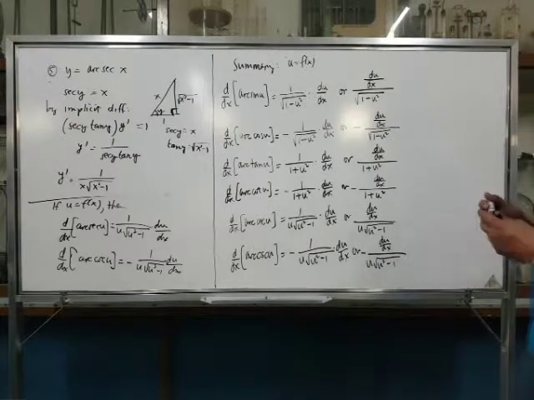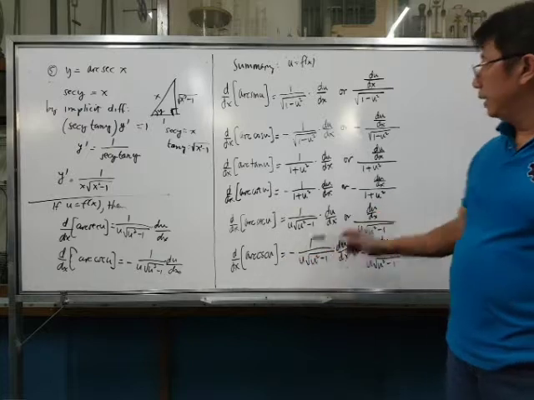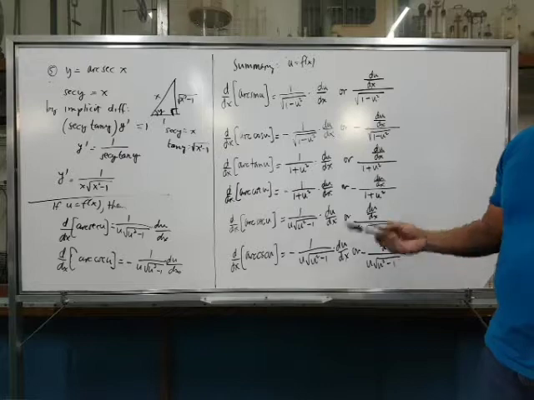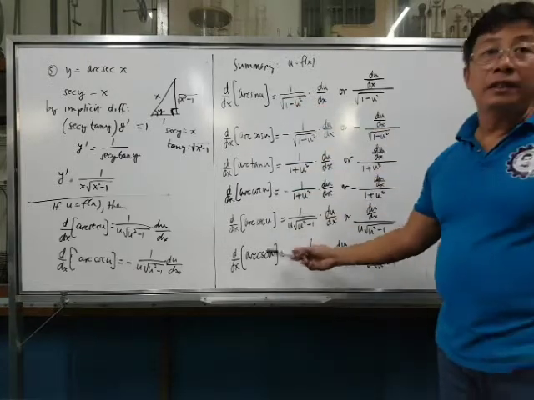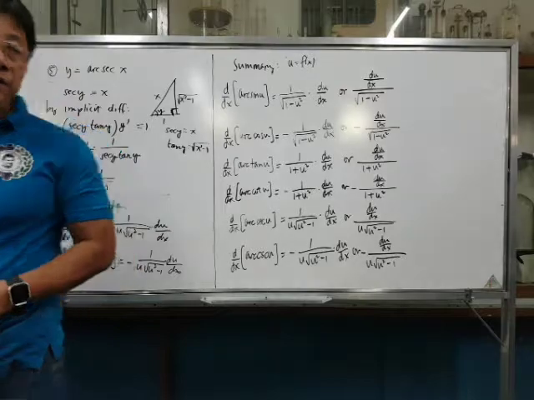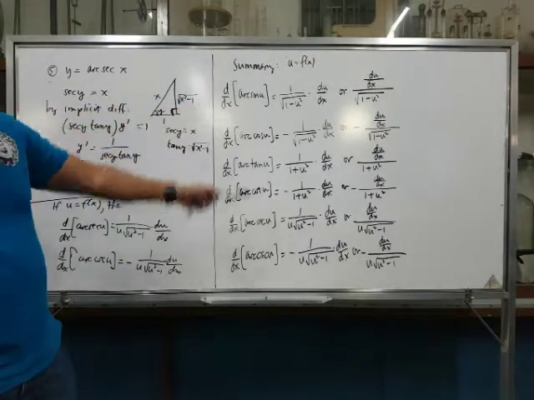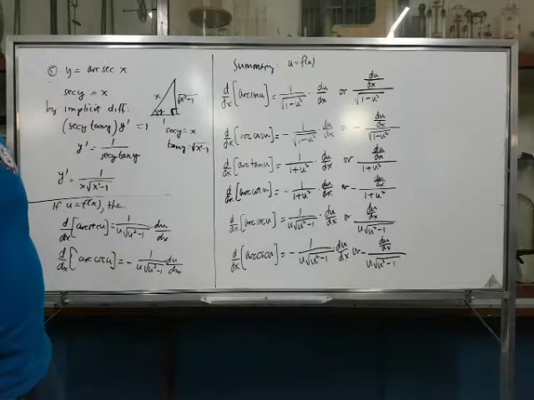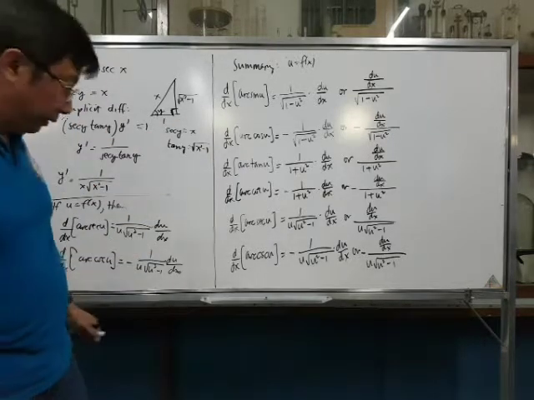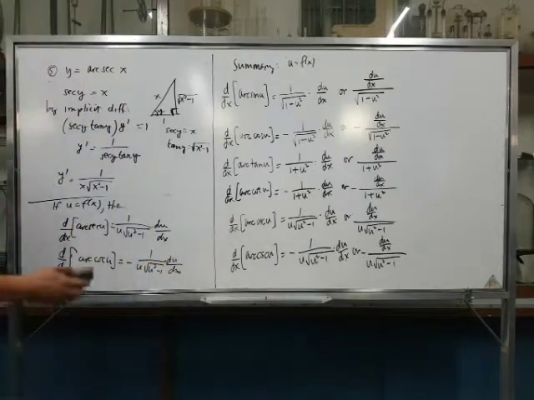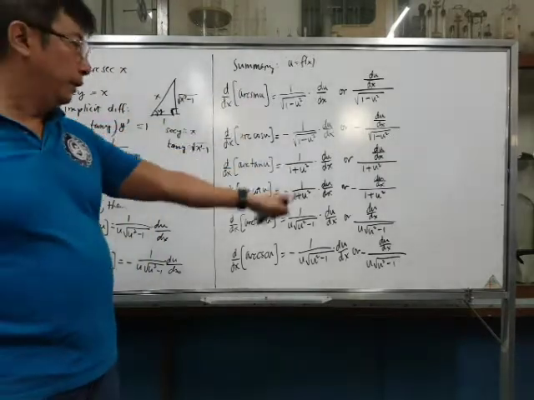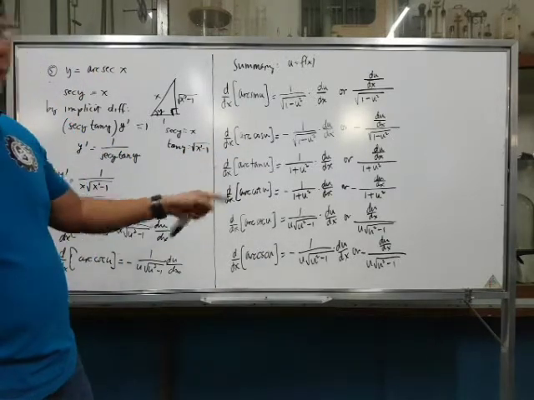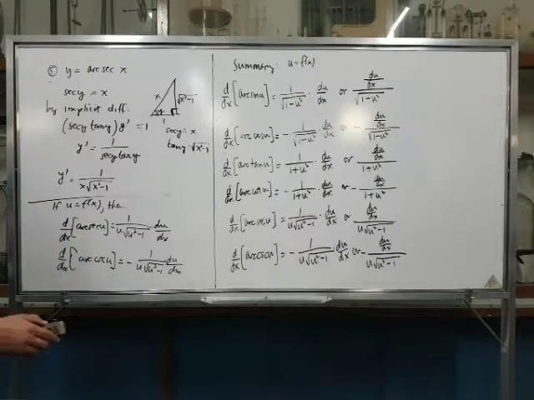So if you notice, arc cosine, arc cotangent, arc cosecant are just the negative derivative of their original functions, arc sine, arc tangent, and arc secant, respectively. So we will have some examples on how to calculate derivatives of functions involving inverse trigonometric functions. You may pause the video and take a snapshot of this or copy or memorize the formulas.